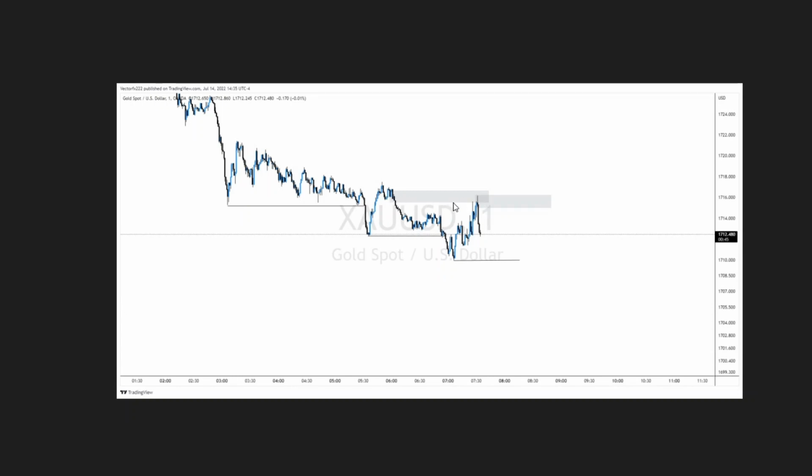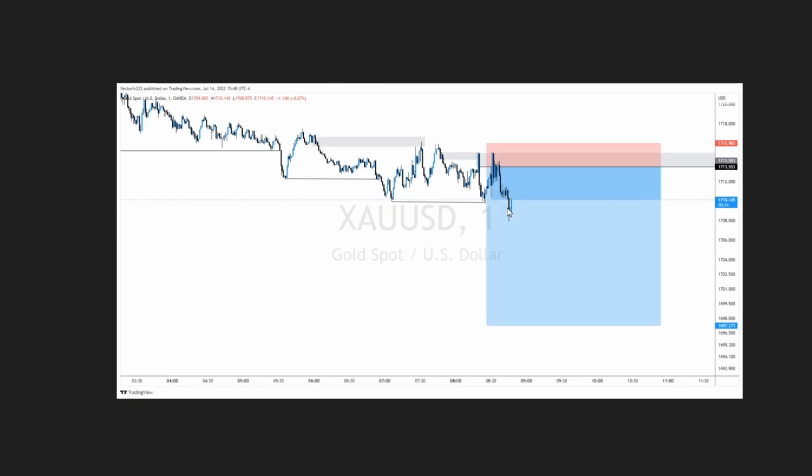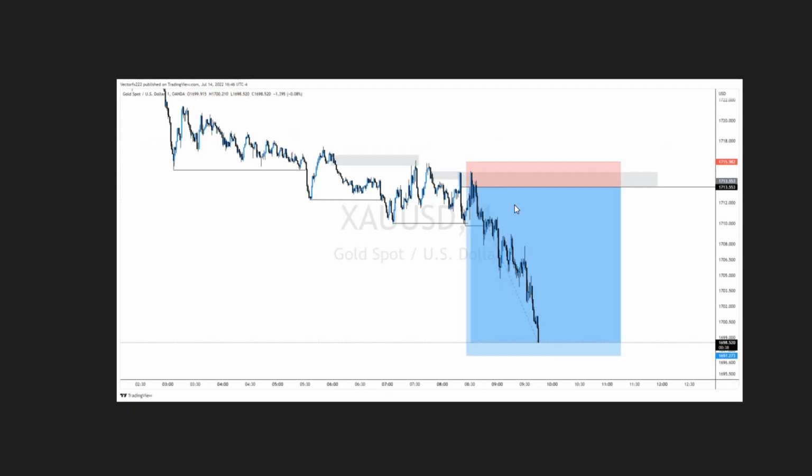We saw a reaction from this zone. We're expecting price to make another lower low once this high is intact, and the reaction here from this zone was nice. We're expecting price to go lower, so we put our entry here, and then we see price mitigated the entry nicely, and then gave us a beautiful reaction, breaking this low, and then it continued down.